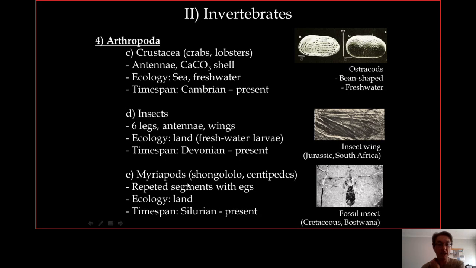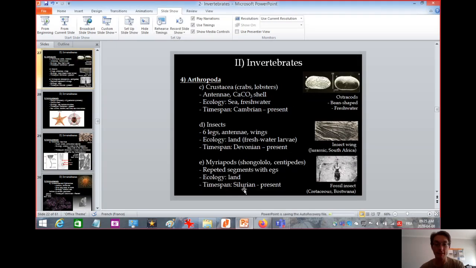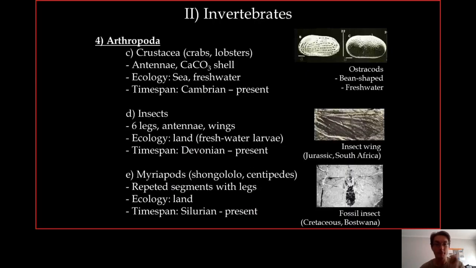And the final one, the myriapods, or chongololos, or your centipedes, are quite easily recognizable because their body is very long and it's the same segment that repeats many times, with legs.